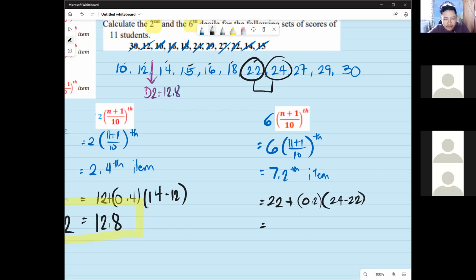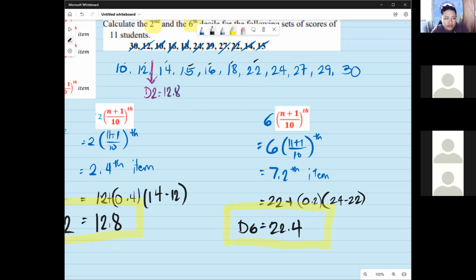Okay, so therefore we will be getting 22.4, and this will be your sixth decile. If we look at this, the 7.2, that's 1, 2, 3. I'll erase this now.